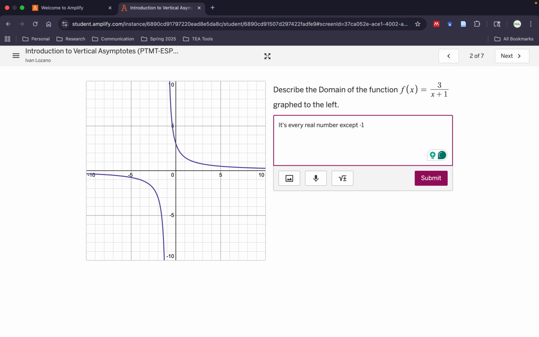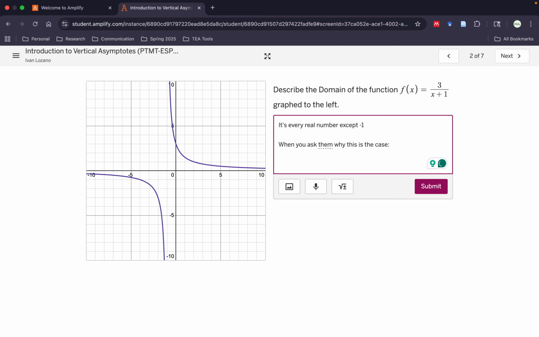When you ask them why this is the case, they may say this is what makes the bottom 0.